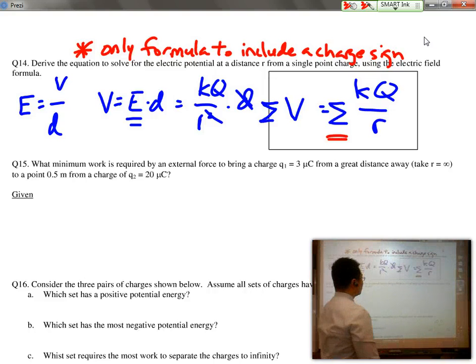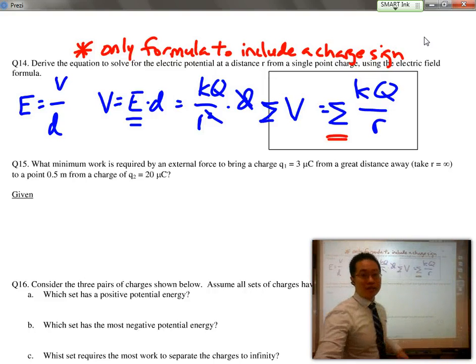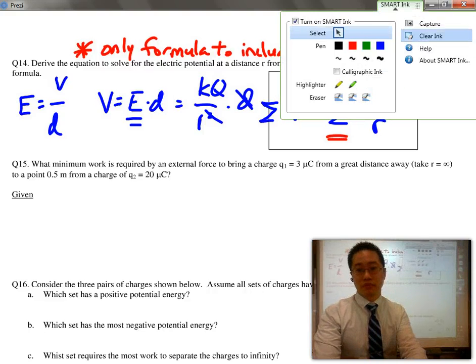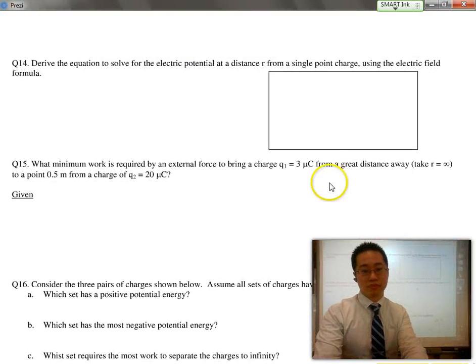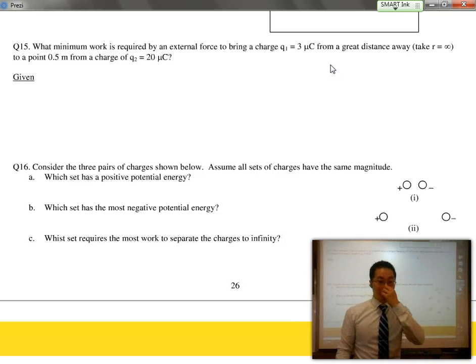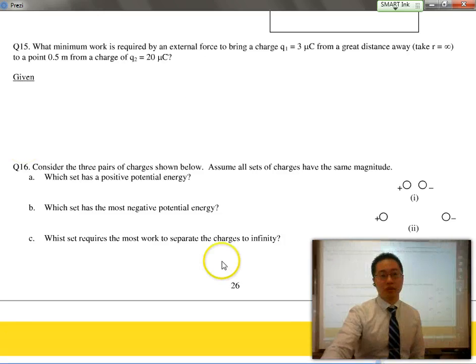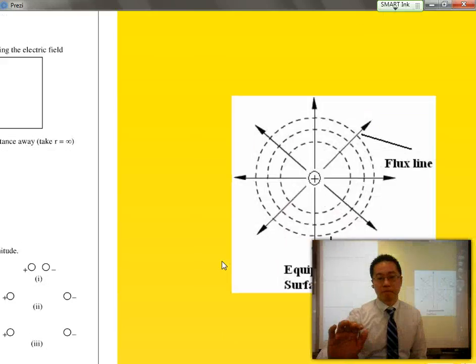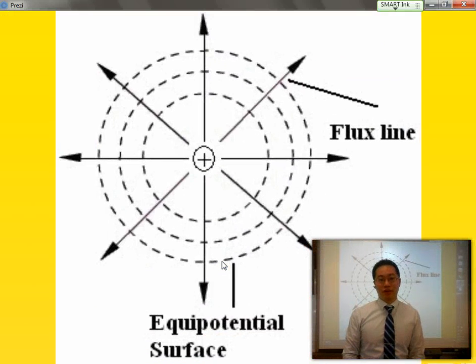Okay? So if we take a look at an example question, what minimum work is required by an external force to bring a charge of 3 microcoulombs from a great distance away to 0.5 meters from a charge of 20 microcoulombs? To better understand that, let's look at this graphic right here.